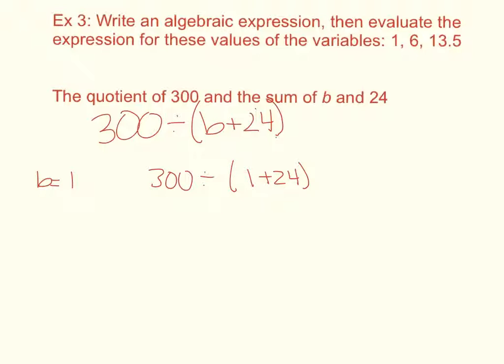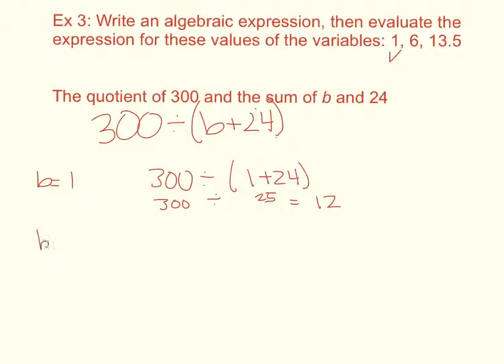More order of operations practice. 1 plus 24 is 25. 300 divided by 25. Well, I know there's 4 quarters in 100, so 4 times 3 is 12. Okay? If you're not sure how I did that, you can always solve it by division on the side. So, now I've solved it for 1.